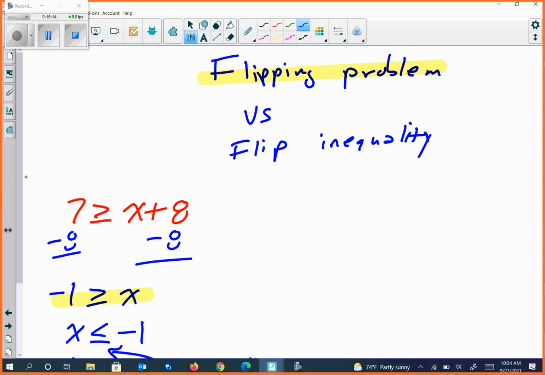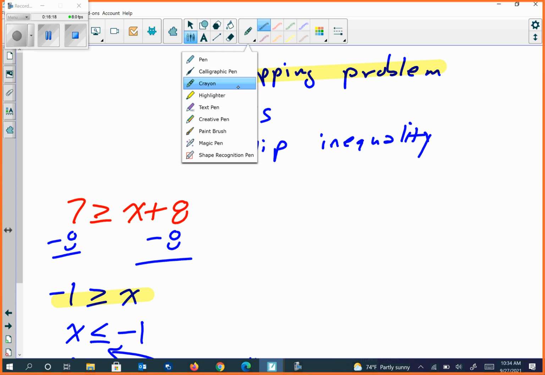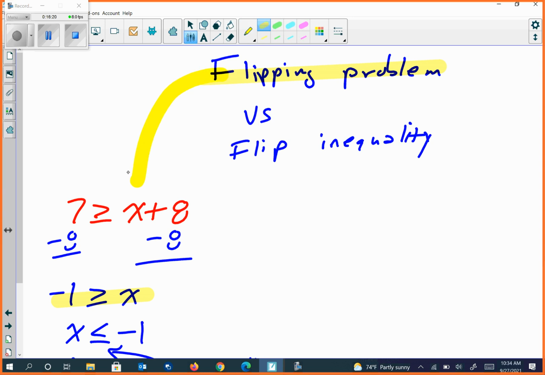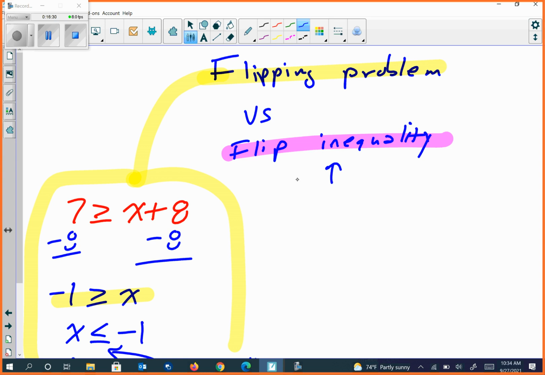Okay, so that's flipping the problem. Well, what if it was flip the inequality? This is going to be done when you have to multiply or divide by a negative number to get the letter alone.